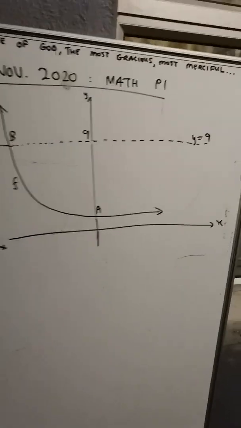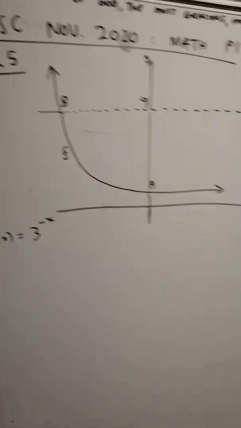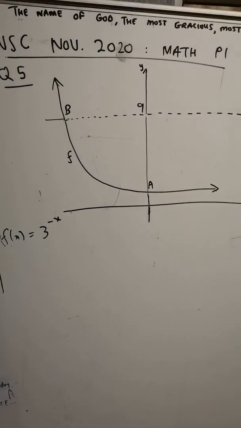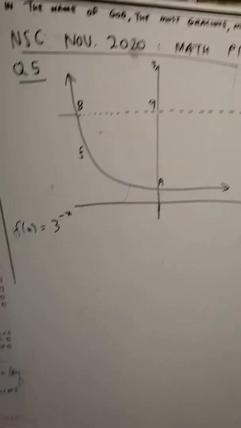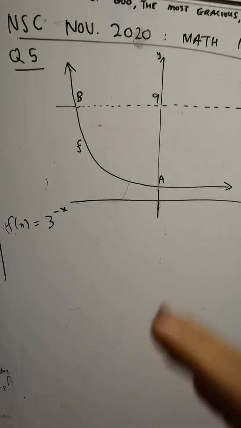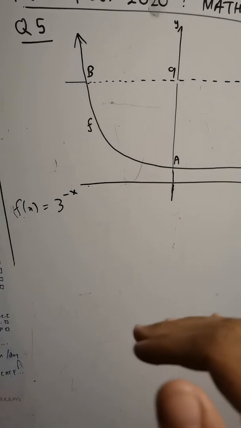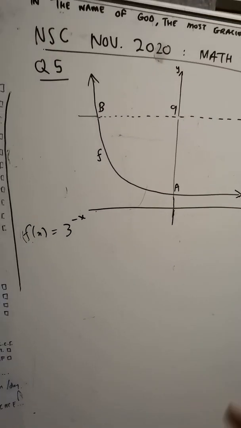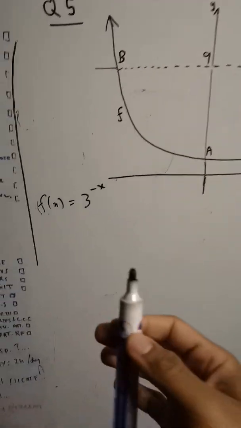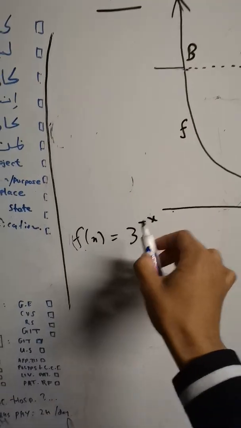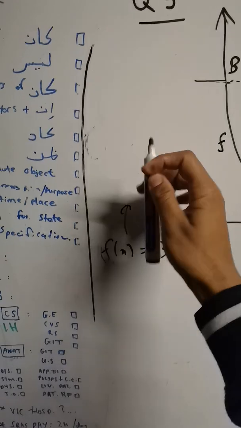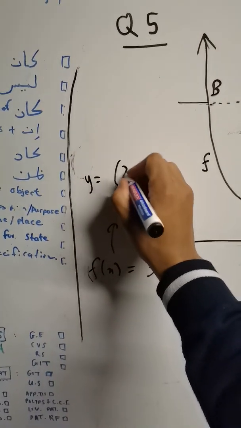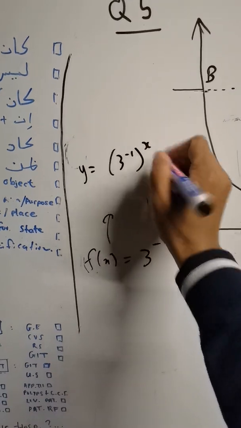So before we go to the question, we know this is an exponential graph. And immediately, what I want to tell myself is that if I have 3 to the power of negative x, another way I can write this is y is equal to 3 to the negative 1, to the power x.